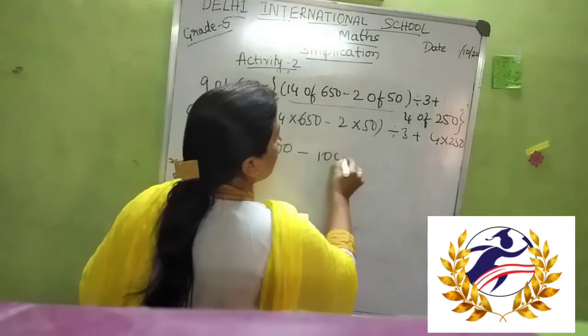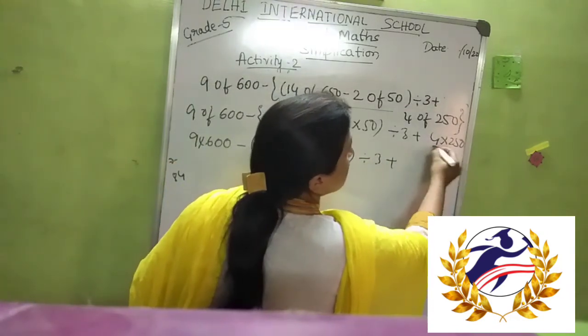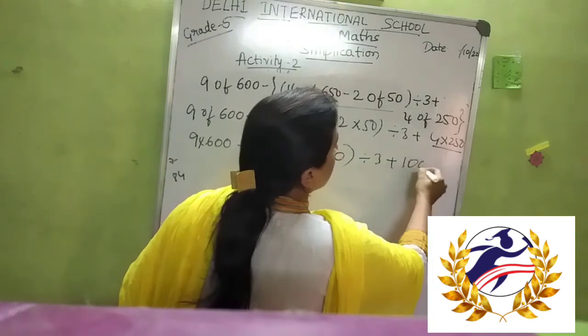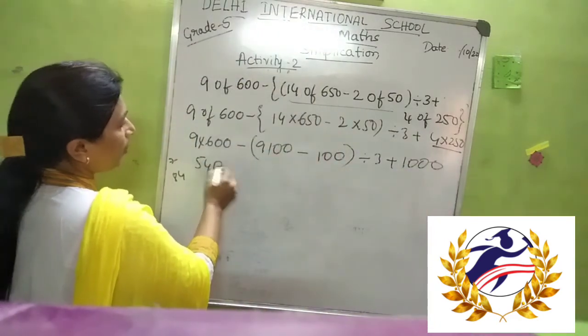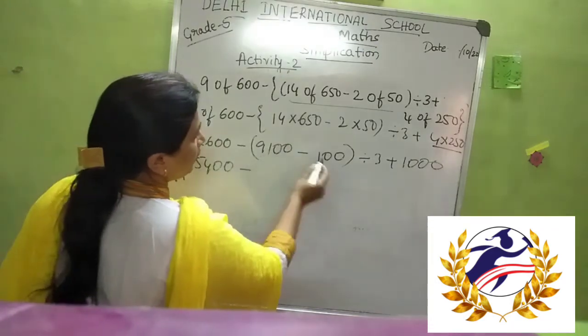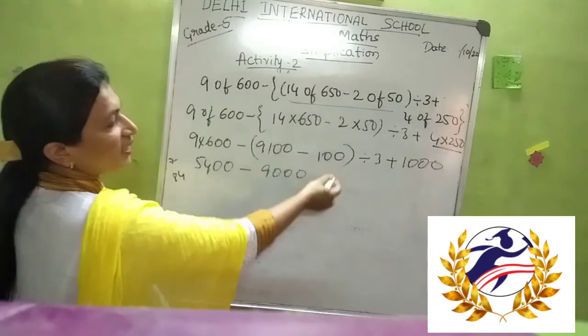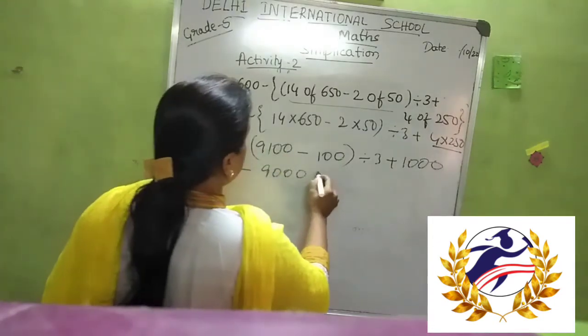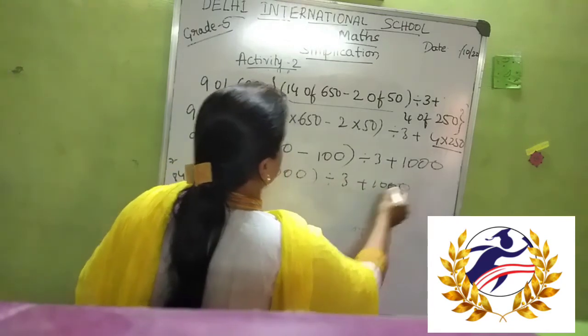52 is 100. So inside the bracket we should write divided by 3 plus, so 254 is 1000. Then when I do this, 9 6 is 5400, minus this is 900, 9000 again. 9100 minus 100 is 9000. So then I should put bracket here plus 1000.